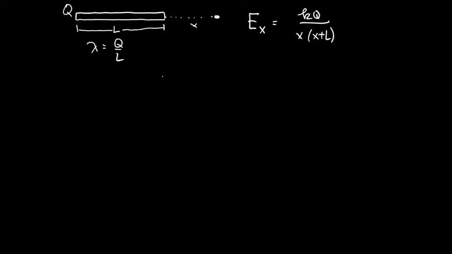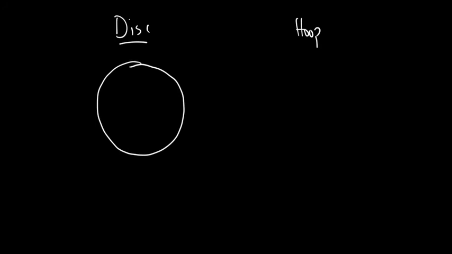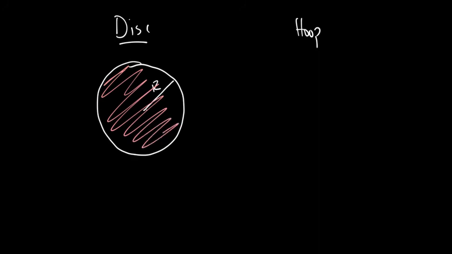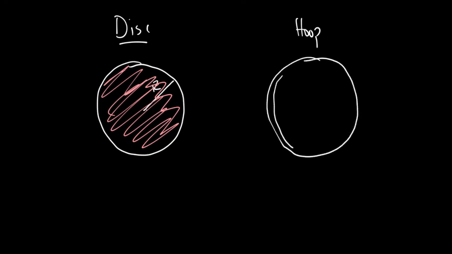In our class on Tuesday, we're going to be exploring two different kinds of charged objects, a disk and a hoop. A disk is a solid object. It's just a circle. It'll have some radius r, and we'll have some charge q spread out somehow throughout the entire circle. The hoop is just a very thin ring, and again, this will have a radius r.